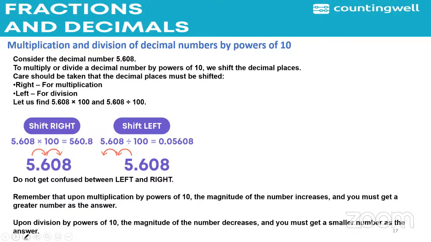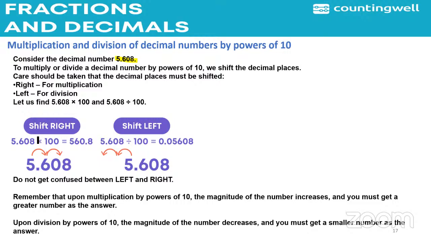Let us see multiplication and division of decimal numbers by powers of 10. Let us consider our decimal number 5.608. Students often get confused whether to shift the decimal point to the right or to the left. In which case we have to shift to the right, and in which case to the left.